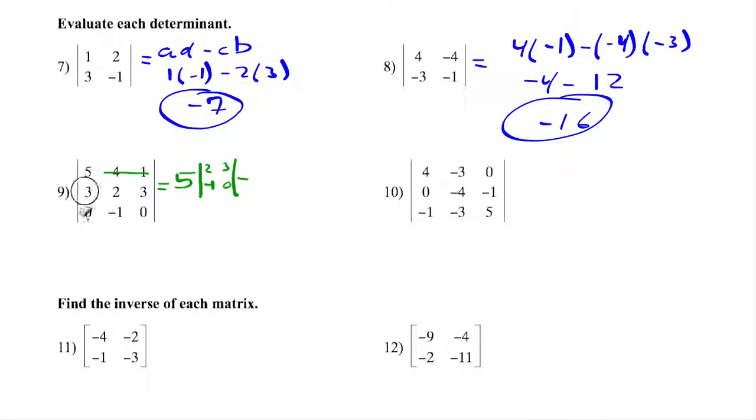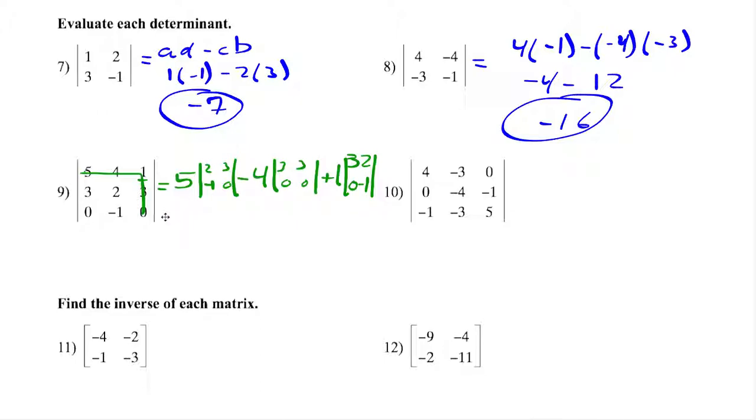Next, I'm going to subtract 4 times the determinant of some small matrix. Well, if I get rid of everything in the same row and same column, I get 3, 3, 0, 0. And I'm going to add now this value, so 1, times the determinant of a special matrix. So 3, 2, 0, negative 1.